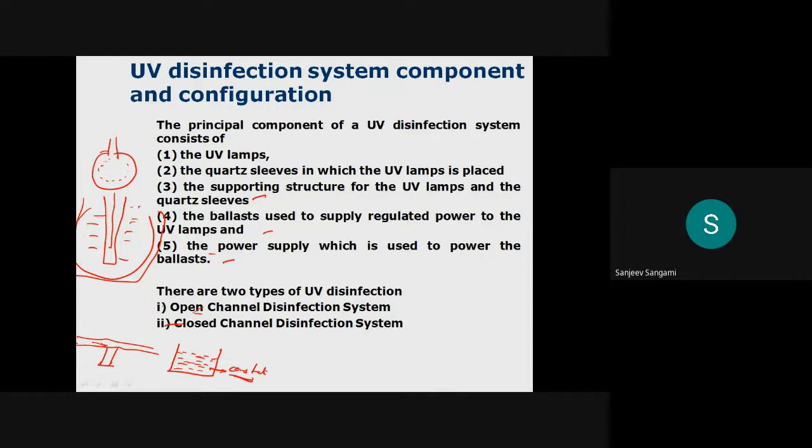Then again take one more batch, disinfect and transfer it.